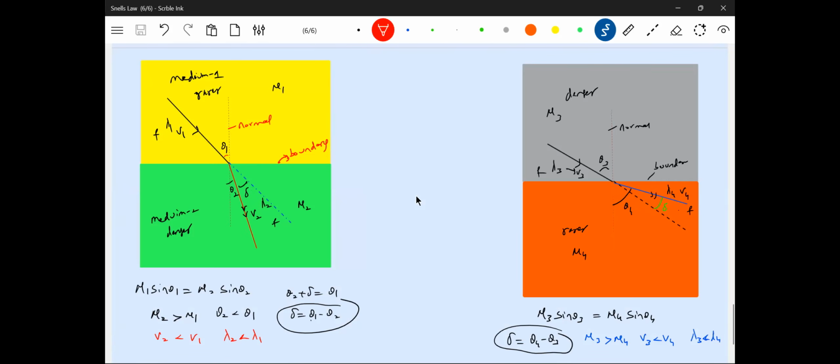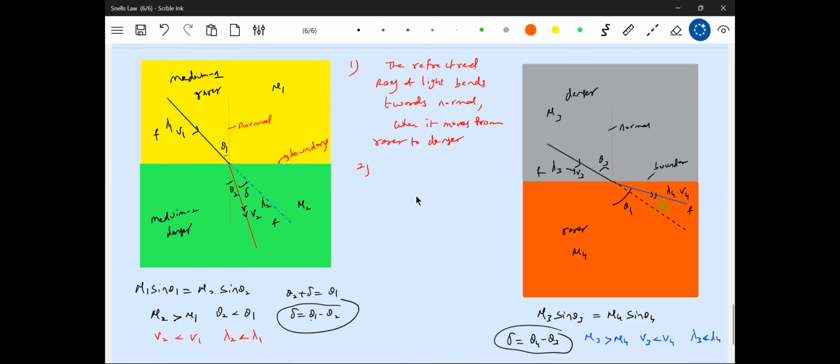So what is the conclusion? The refracted ray bends towards the normal when it moves from rarer to denser.